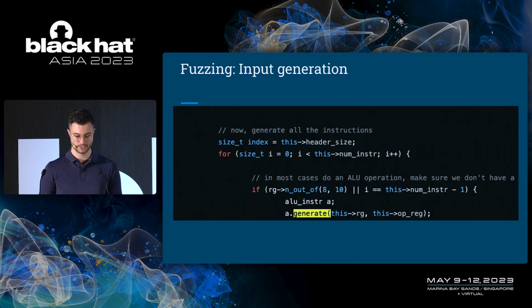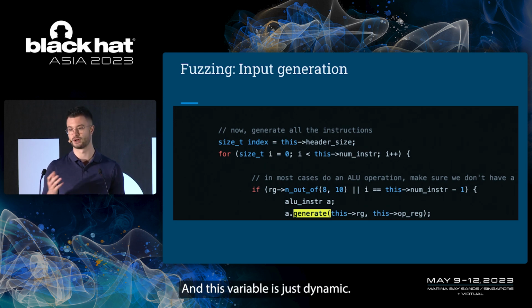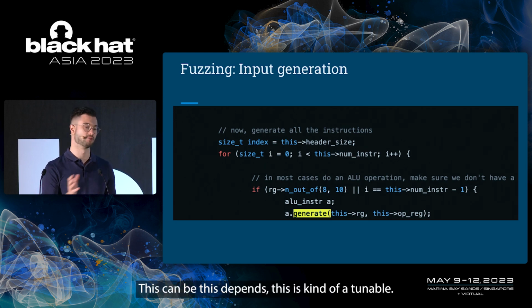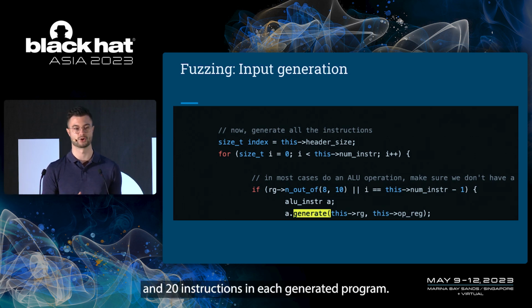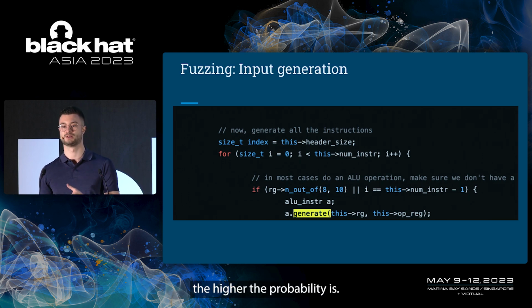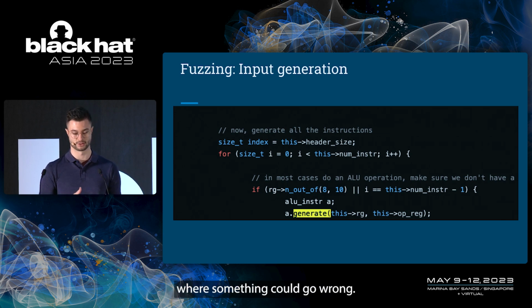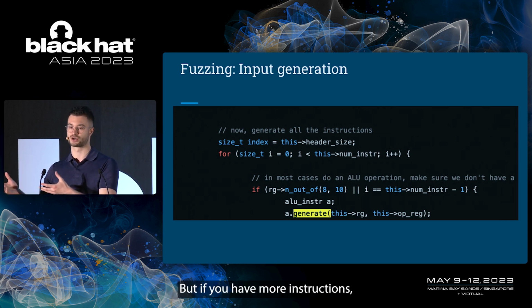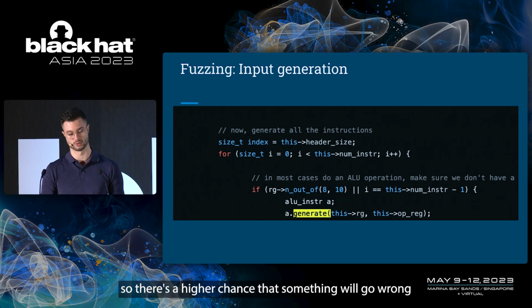This screenshot shows a loop which generates a number of instructions. And this variable is dynamic. It's a tunable, so you can say, I want between 10 and 20 instructions in each generated program. The fewer instructions you have, the higher the probability the program will be considered valid by the verifier, just because there are fewer places where something could go wrong. But if you have more instructions, there's more complexity in the program, so a higher chance that something will go wrong.